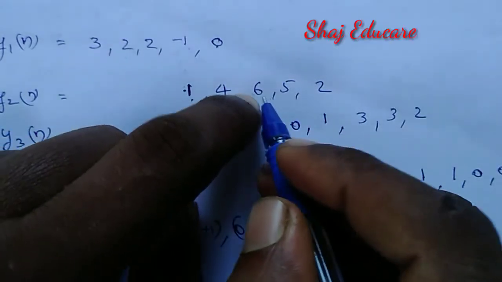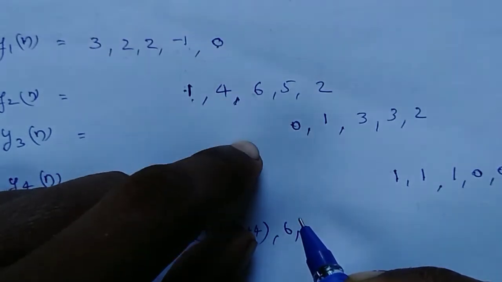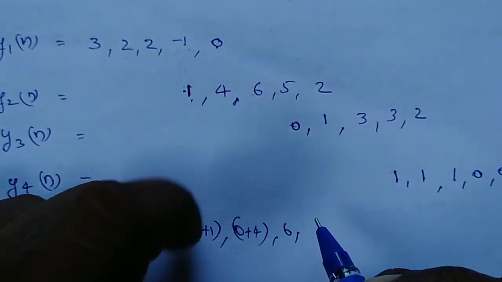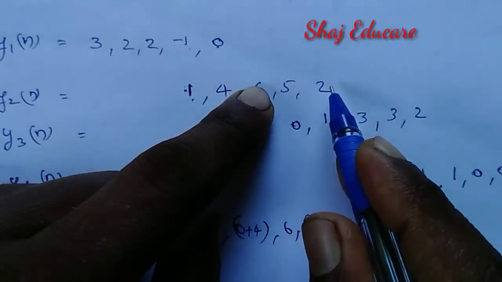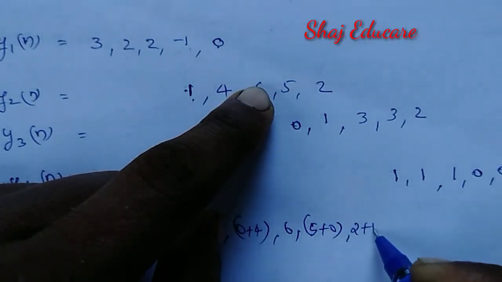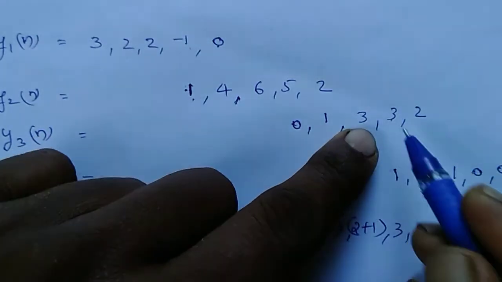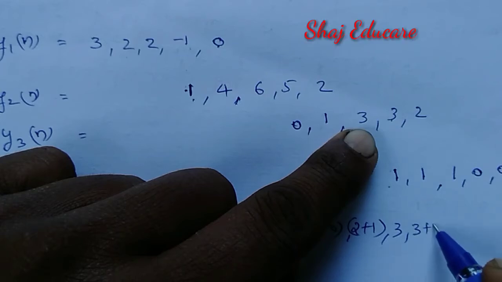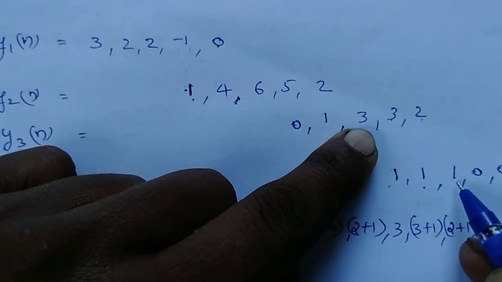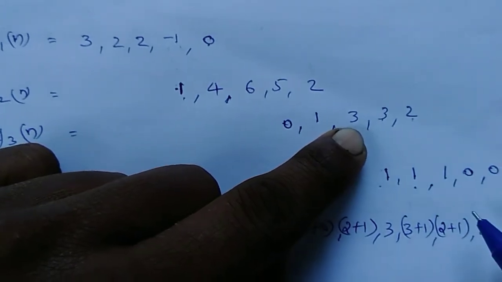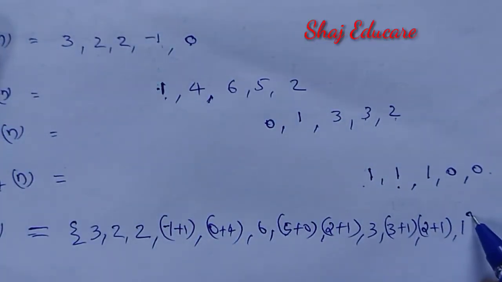Now write the next element from y2 of n, that is 6, this element only, because we have to add 5 plus 0, then perform 2 plus 1, then write 3, next add 3 and 1, next add 2 plus 1, then the remaining 1, and here we have 2 zeros, which don't need to be written.